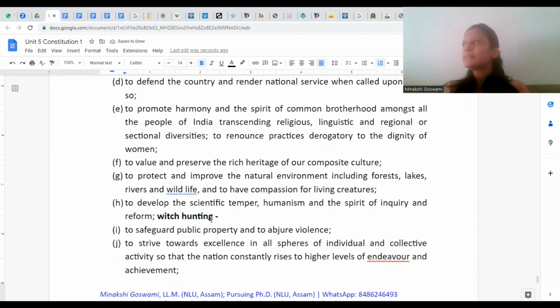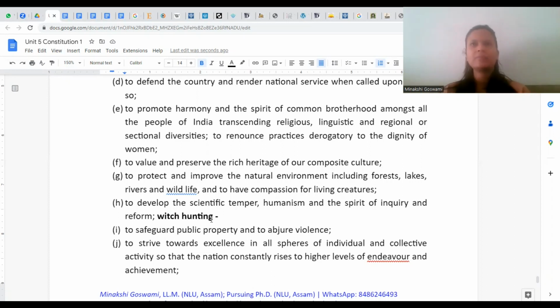There are some states where it's very common, like Madhya Pradesh, Jharkhand, Assam. Legislations are being introduced, but we are still not able to fight this problem completely. Every other day in the newspaper there is news that so and so person was killed on suspicion of being a witch.